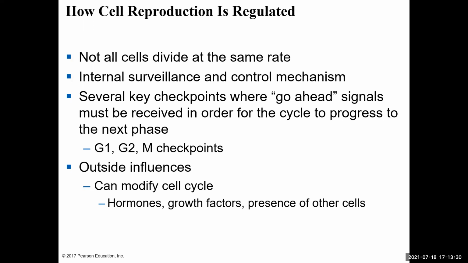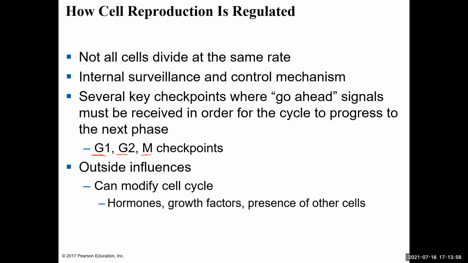There are checkpoints after the G1 phase, going into the G2 phase, going into that division phase, which looks at the cell, checks it, makes sure everything's going okay. And if it's not going well, then the cell will be destroyed, and that prevents bad cells reproducing and prevents things like cancer from happening.